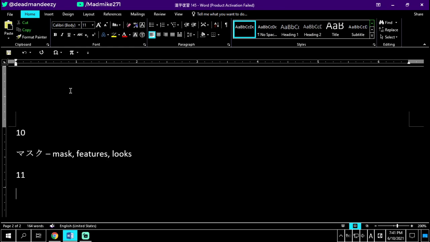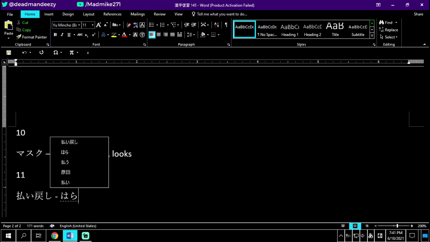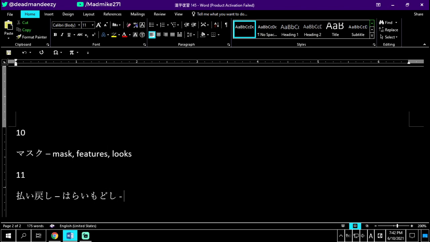Okay. So this next kanji is harai modoshi. This one's pretty easy. It's almost an exact translation.